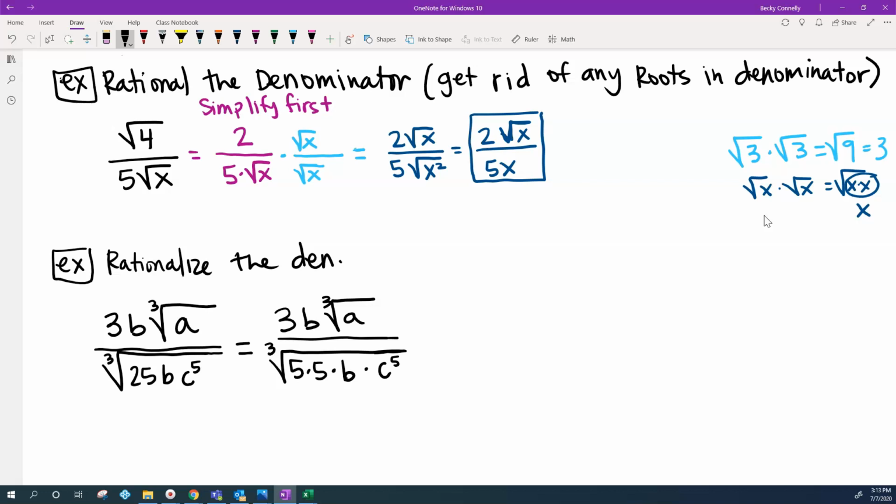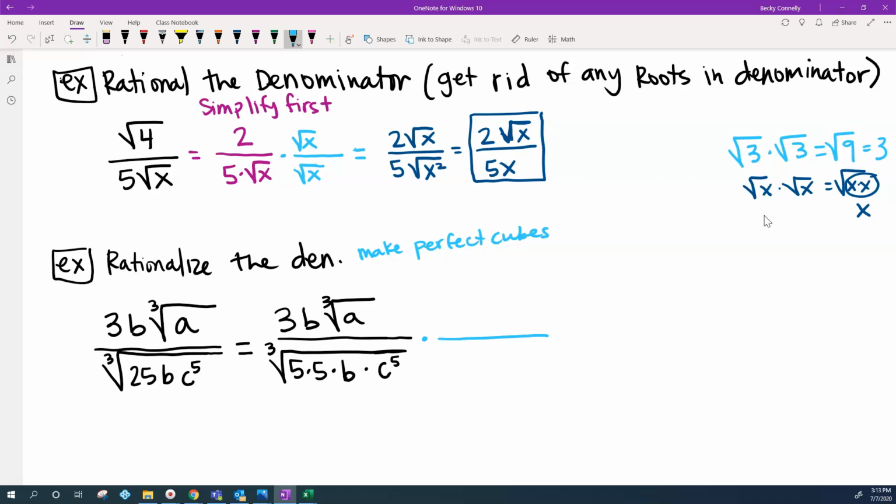All right, so now I'm trying to figure out what I'm going to multiply this denominator by so that I don't end up with any root. This time I'm trying to make perfect cubes.